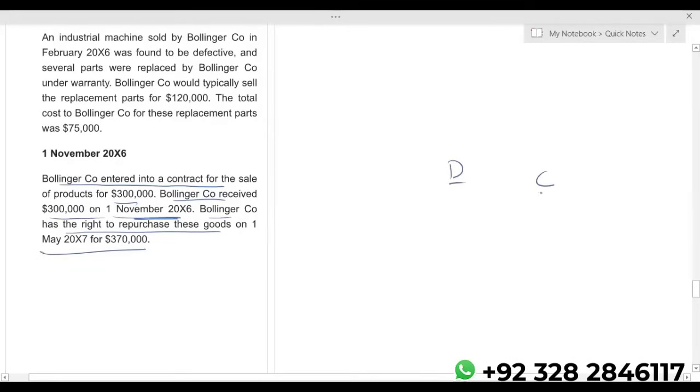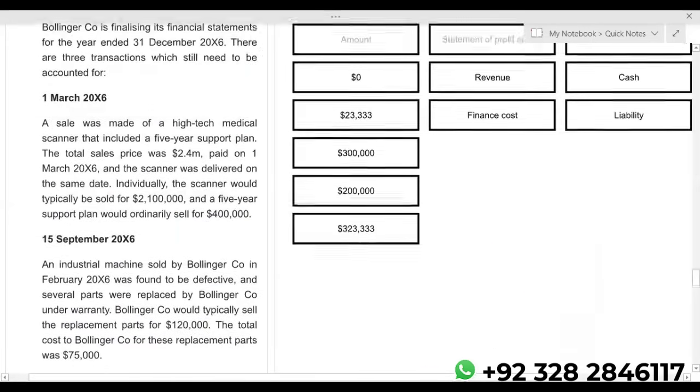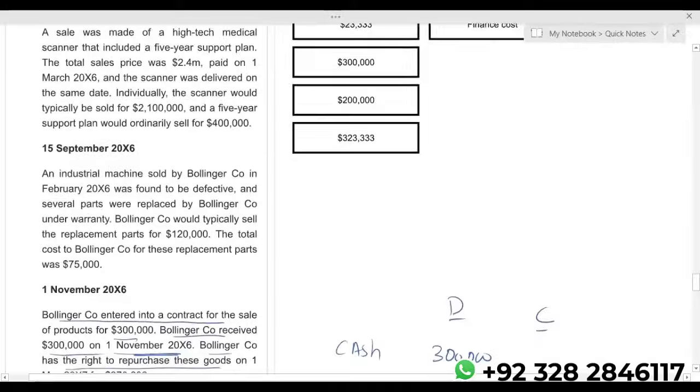If this is the case, logically, whatever cash you have received, that is your loan. This is your financial liability. Okay. How much additionally will you be paying? 70,000. This 70, the amount which I'll be paying more than the loan which I've taken, that is my finance cost, but that will be recognized over time, not on day one. So 70,000 is a finance cost.